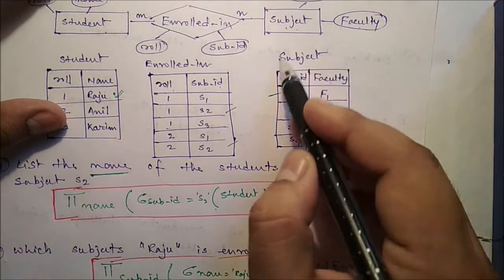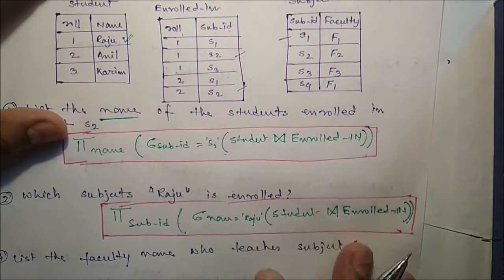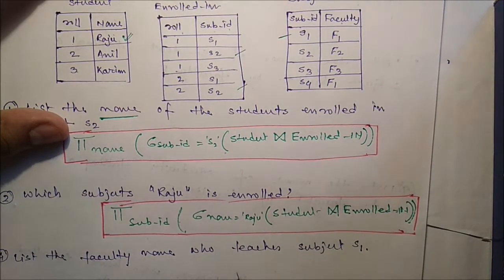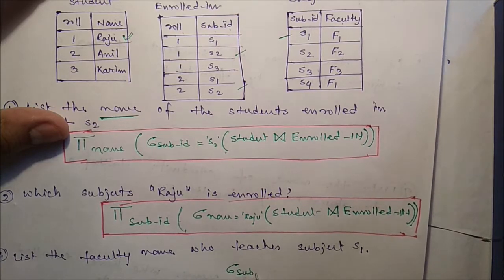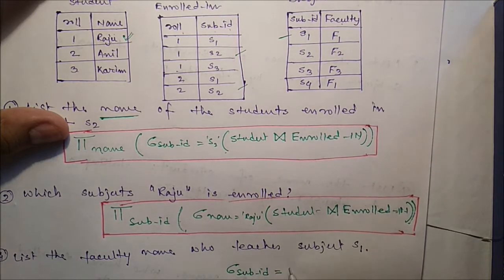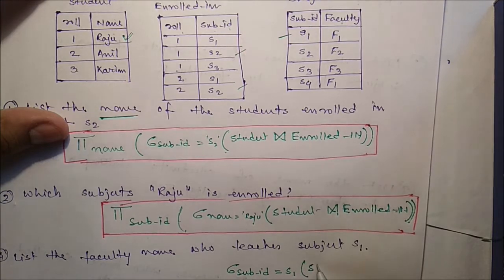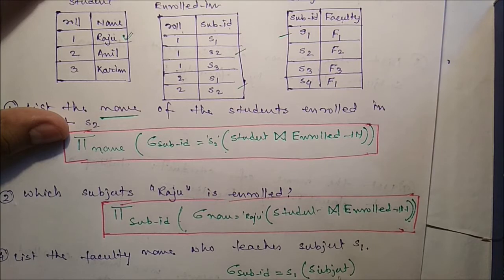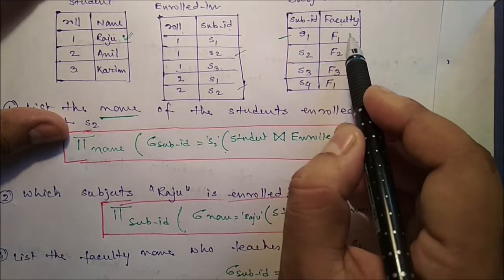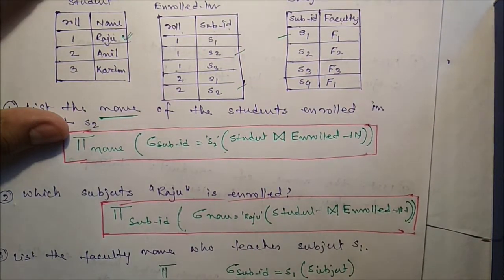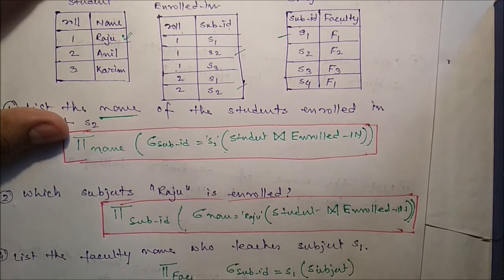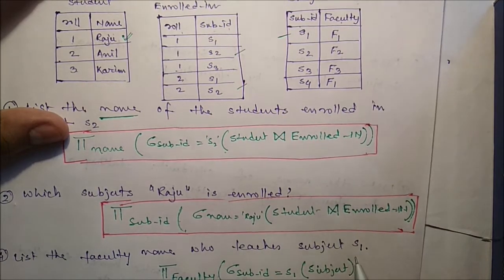So we need the subject table, and we can write the subject ID is S1 from the table subject. This query identifies this particular row, but we need only the faculty name, so here we write projection faculty on this relation.